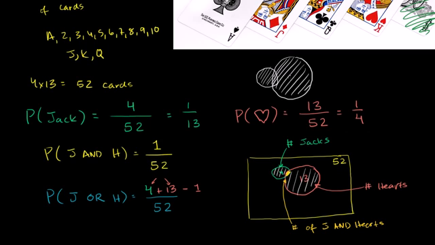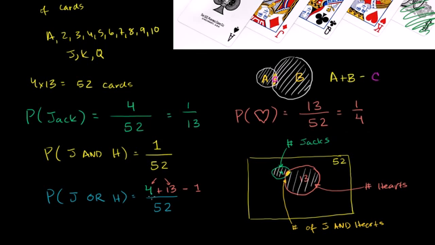But when you do that, you're counting this area twice. So in order to only count that area once, you have to subtract that area from the sum. If this area is A, this area is B, and the intersection where they overlap is C, the combined area is going to be A plus B minus where they overlap, minus C.